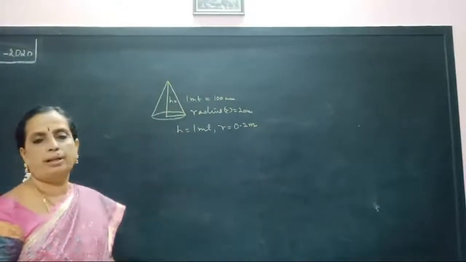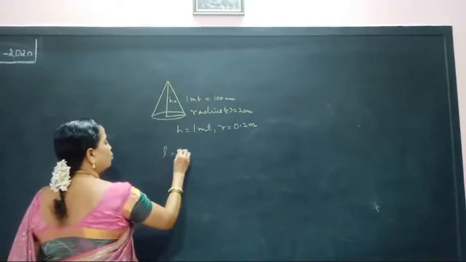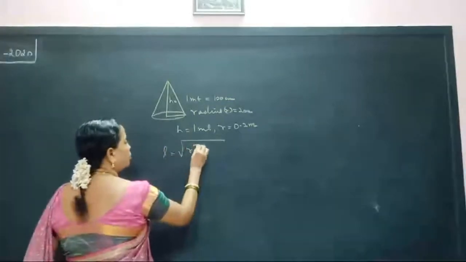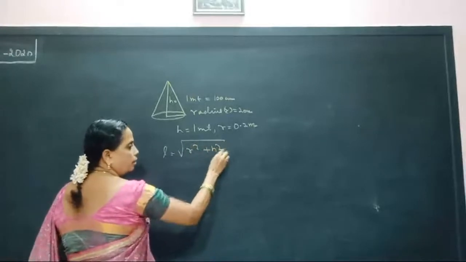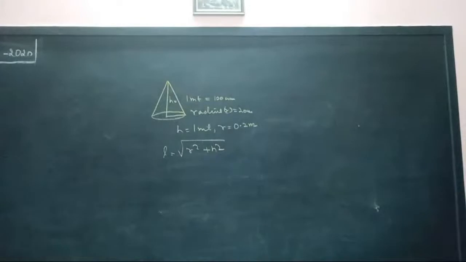In the textbook they have given the direct answer of this, that is L equals root of r square plus h square. Check the textbook value. In the question itself they have clearly given the value of root of r square plus h square.